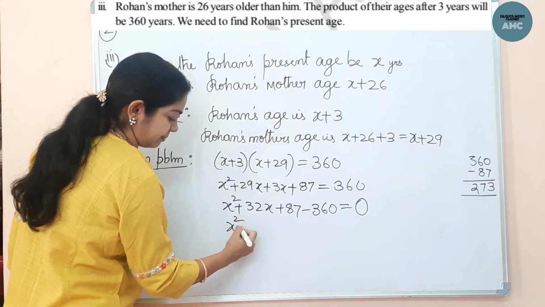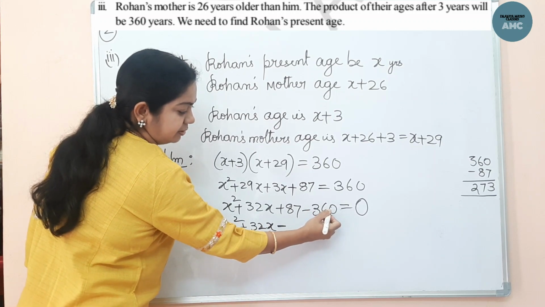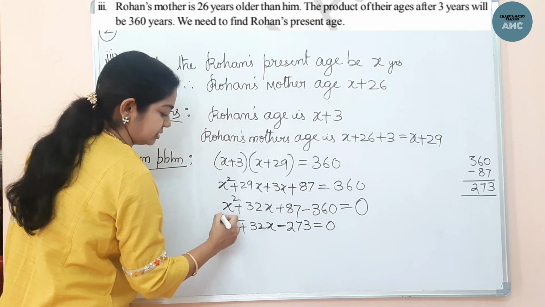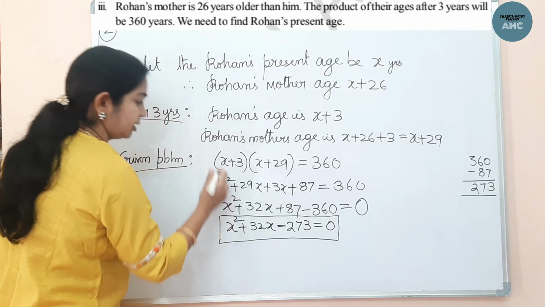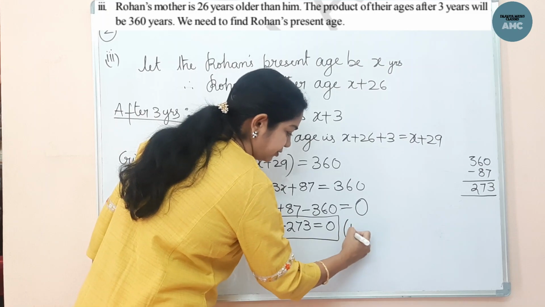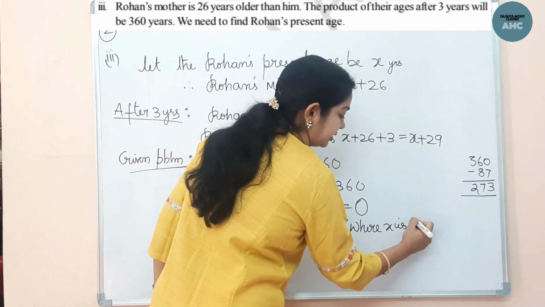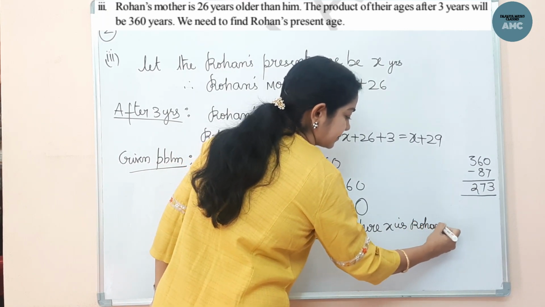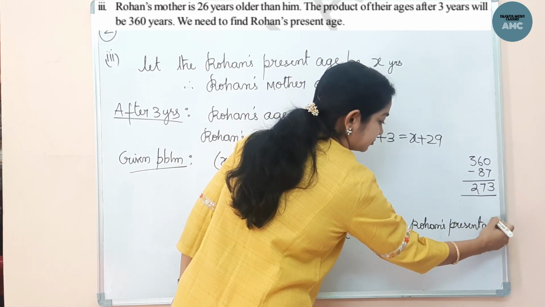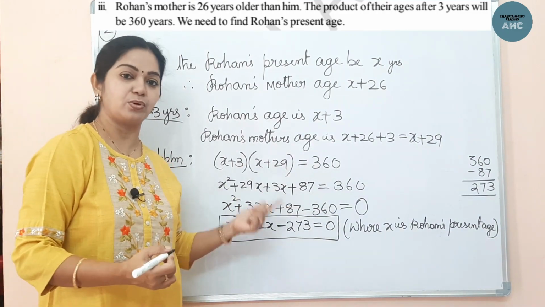So x square plus 32x minus 273, because the minus sign is there for the bigger one, equal to 0. So this is the representation of the verbal problem situation. This is the answer, where you have to write what the variable x is: x is Rohan's present age. So this is a quadratic equation where our variable x is Rohan's present age.